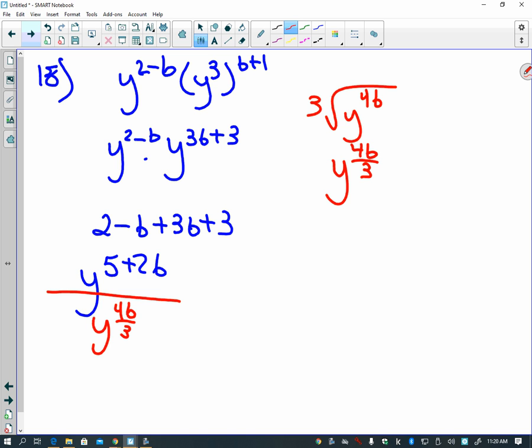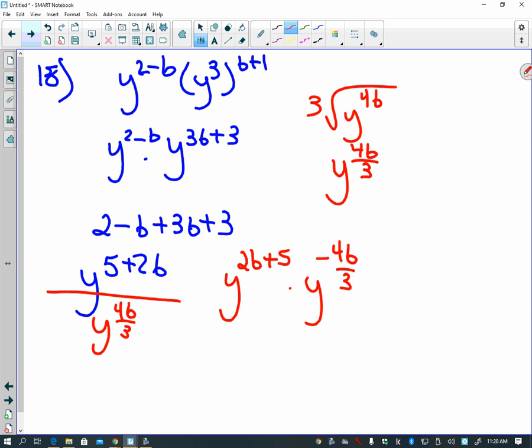Does that make sense? Because we have two sets of y's, we want to get the denominator into the numerator. So we get y to the 2b plus 5 times y to the negative 4b over 3.